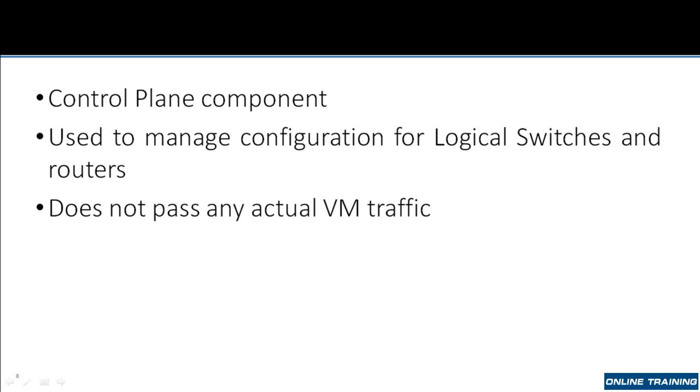If there's a failure on the data plane, that's going to impact my virtual machine traffic. So the NSX controller is going to handle some functions internal to my logical switches, internal to my distributed logical routers. It is very important that we keep these up and running at all times. Therefore, they are deployed in clusters of 3 virtual appliances running on 3 different ESXi hosts.